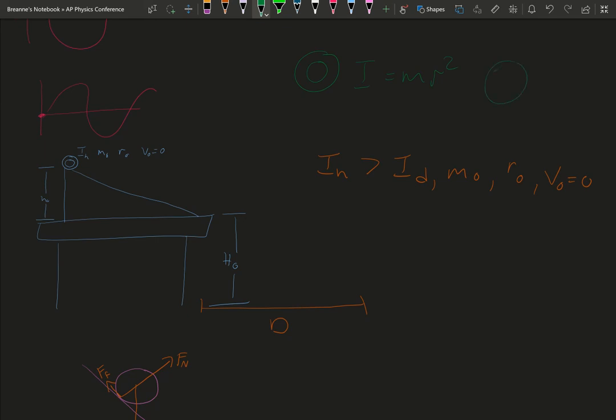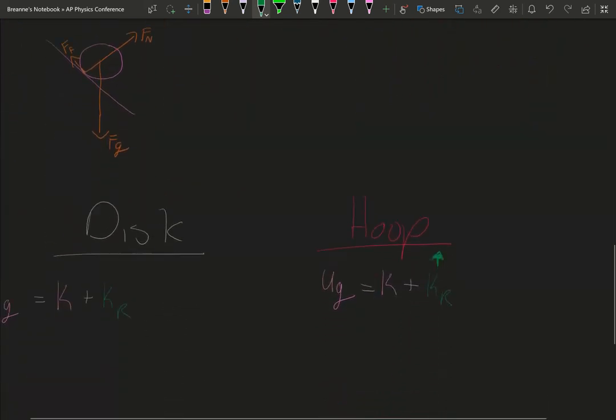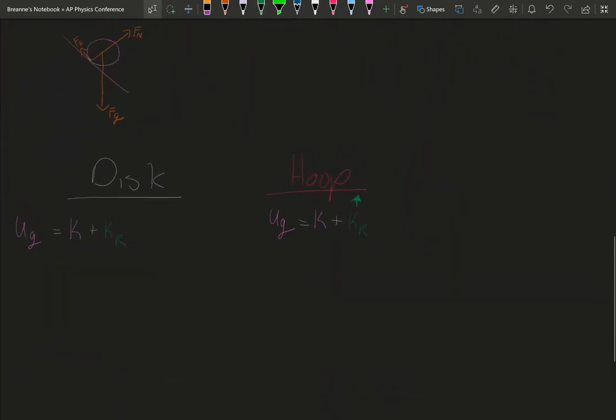For a solid disk, your I is 1/2 mr squared. So your disk is less than your hoop. So they had this part right, but when they did their explanation, they flipped their explanation. So my explanation was correct. Yay. Okay, sorry, I was looking at the key that AP Classroom gave me, and they just flipped. See how easy even professionals flip the key.